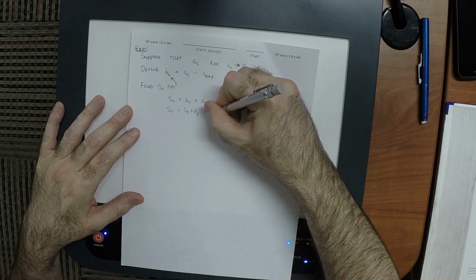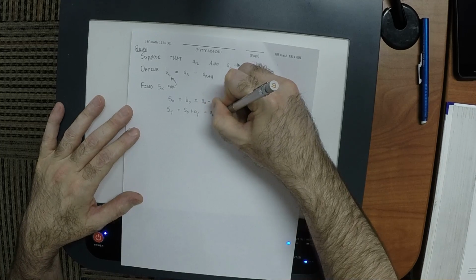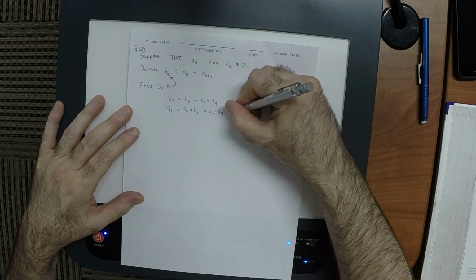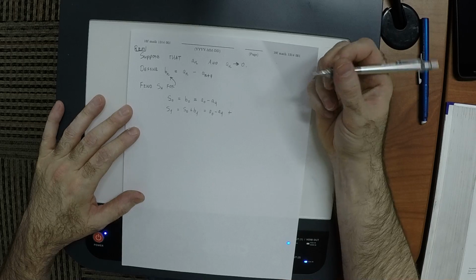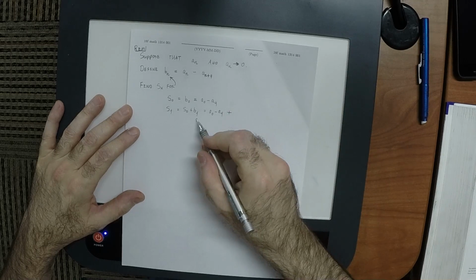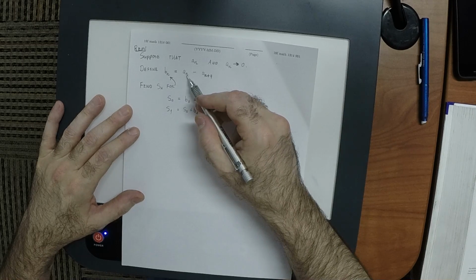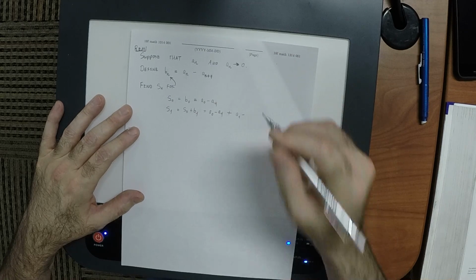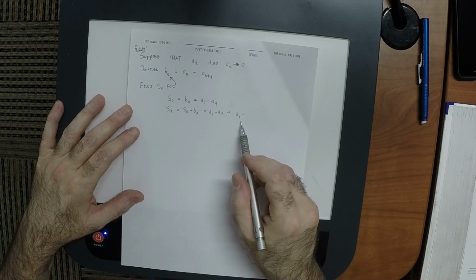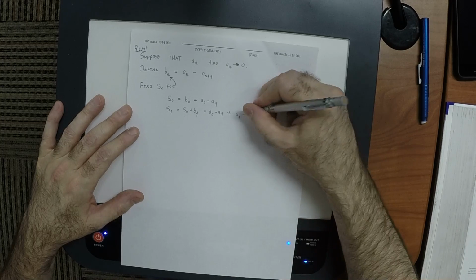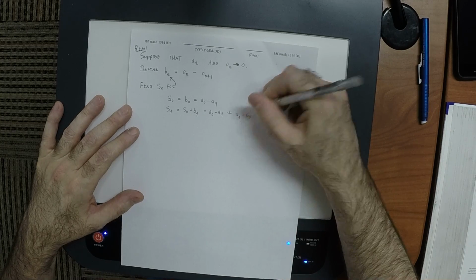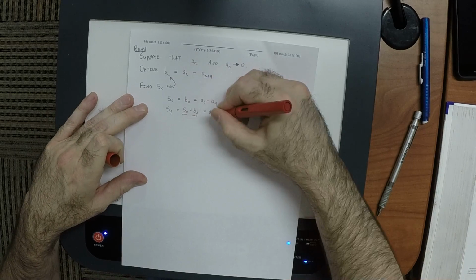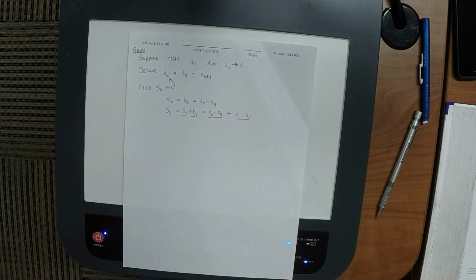Well, according to that, that'd be A0 minus A4, because that's S0. And then what's B1? Well, it would be A1, and then subtract which one? A5. So what I want you to see is that and that are that and that.